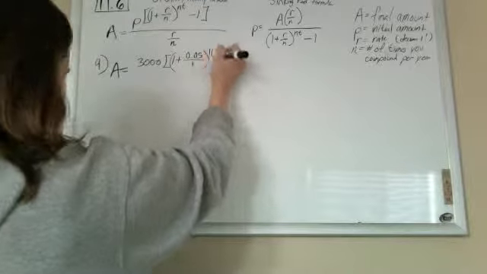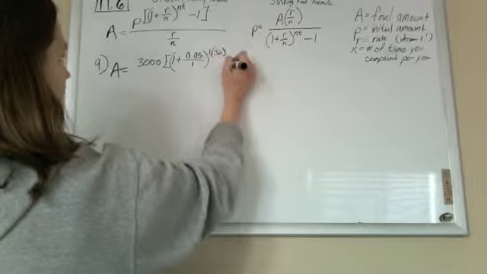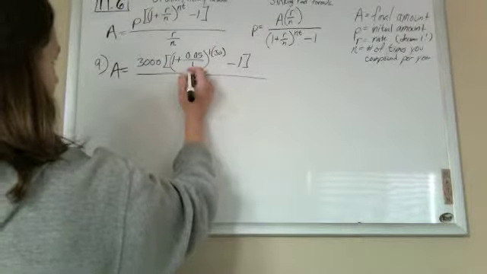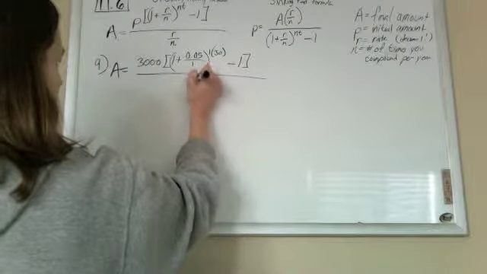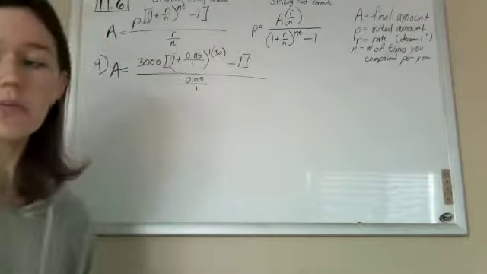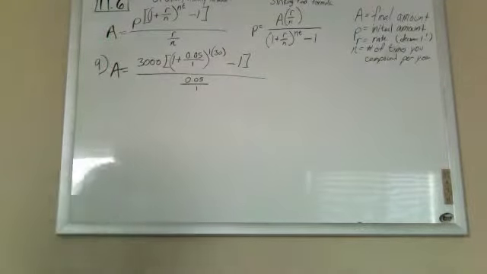Again, n is 1, and the time is 30 years. And then minus a 1, and divide by, again, the rate is 0.05, and that guy down there is 1. So, we're just going to crank this thing out step by step.